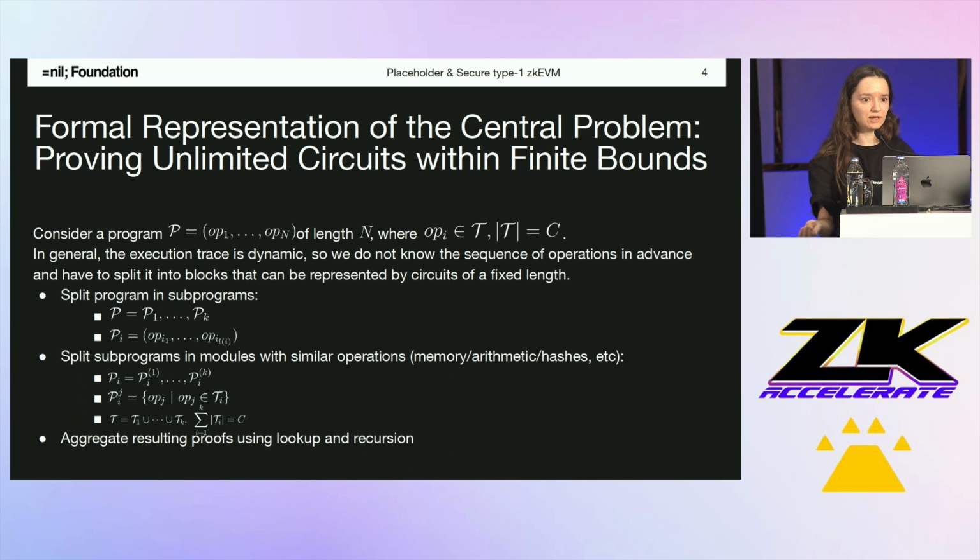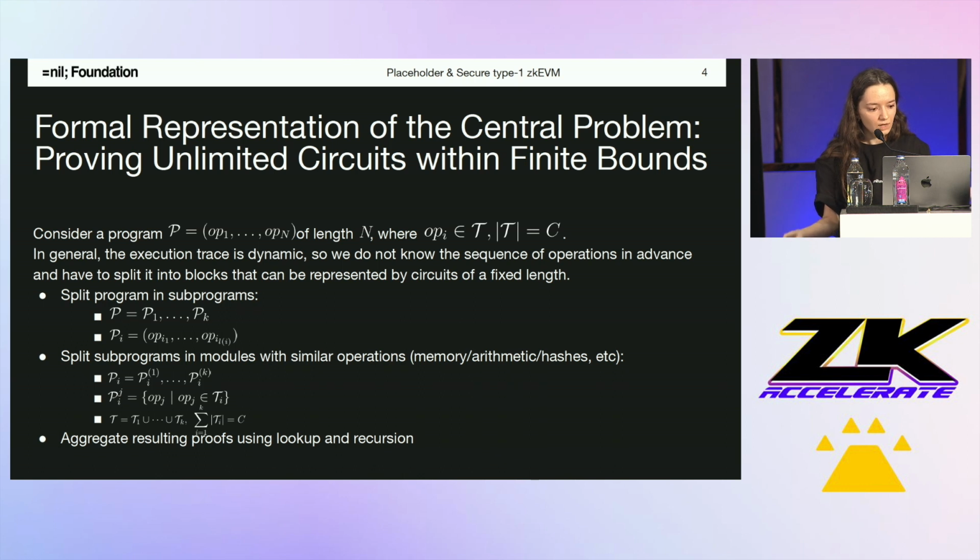But sometimes it's better to combine it into some high-level circuits with similar operations. How can we show it? It would be a memory circuit. It can be an arithmetic circuit, which contains, for example, multiplication and addition, and we can have hash circuits and other things too.